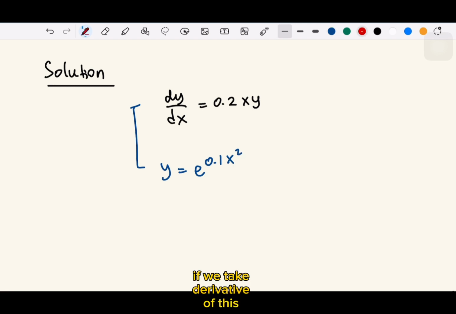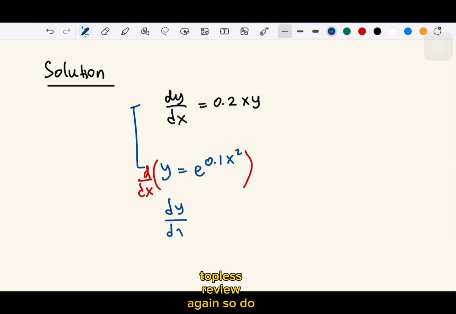If we take the derivative of this, okay, so we take the derivatives, calculus review again. So dy over dx, and then the e is still e, right?